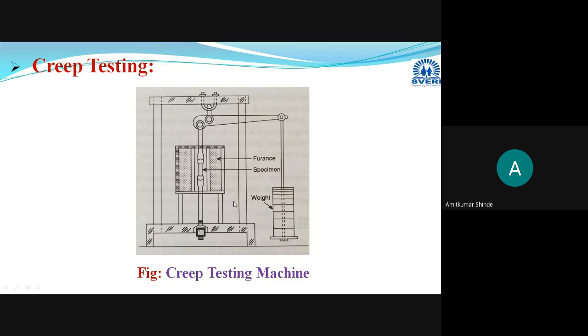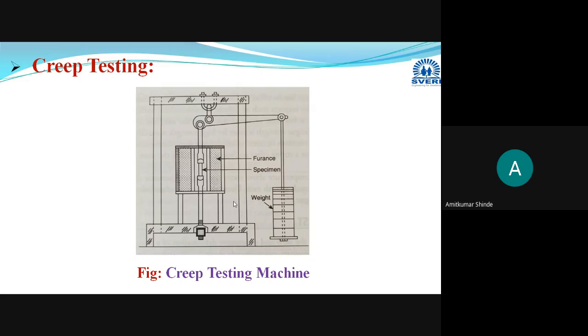As time is passing, we take readings of the deformation occurring in that material under the test. One curve is plotted by taking the deformation, also termed the creep strain, against the time, and that curve will be termed the creep curve.